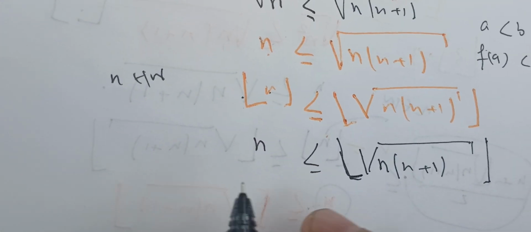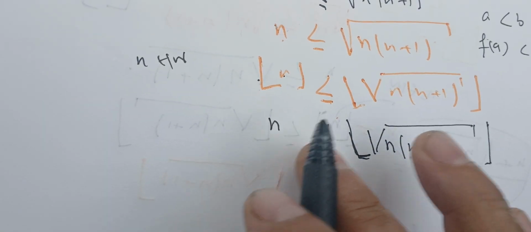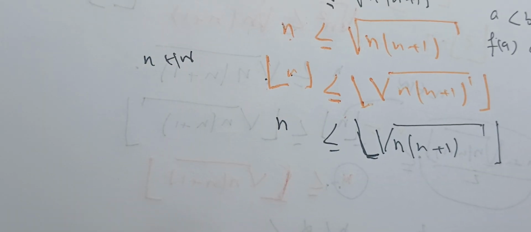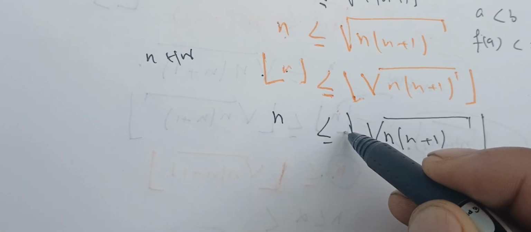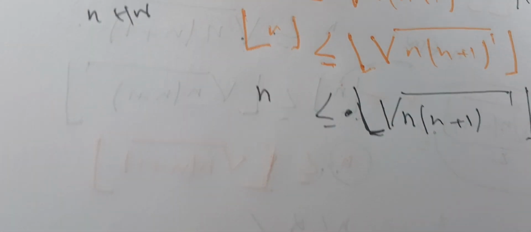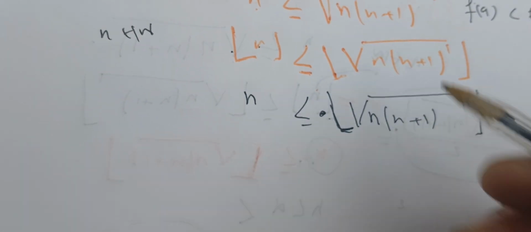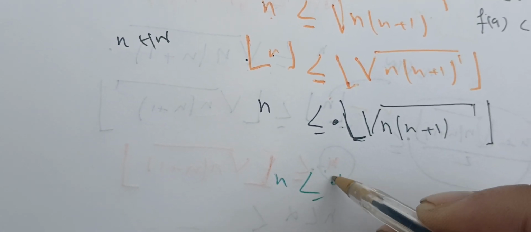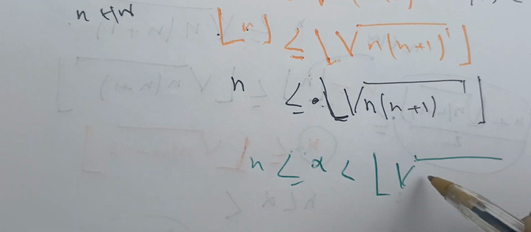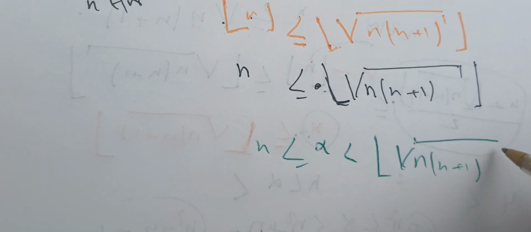So this is good. Now this is the floor, but we need to show that this is the smallest one. Is there any smaller one than this? To prove that, can we find another one? Let's say an alpha less than the floor of the square root of n times (n plus 1).